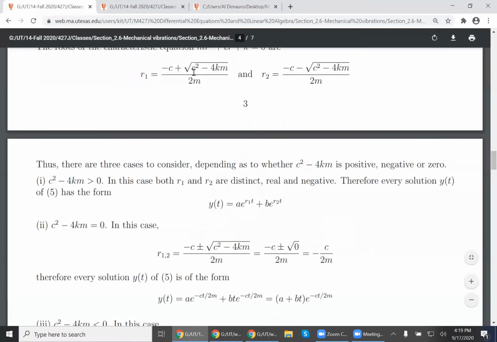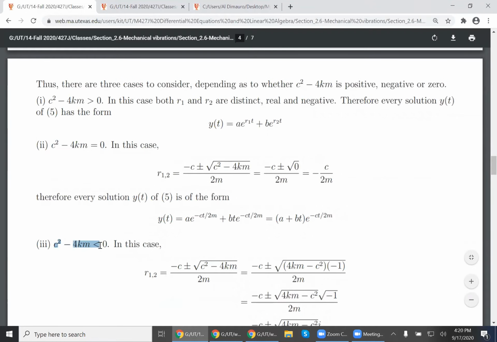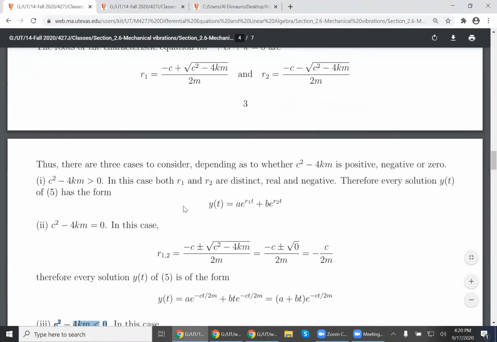Case 1, the discriminant. Discriminant is the expression inside the square root, c squared minus 4km. Discriminant is positive. Case 2, discriminant is 0. Case 3, discriminant is negative. If discriminant is positive, square root is a real number, therefore both R1 and R2 are real numbers.